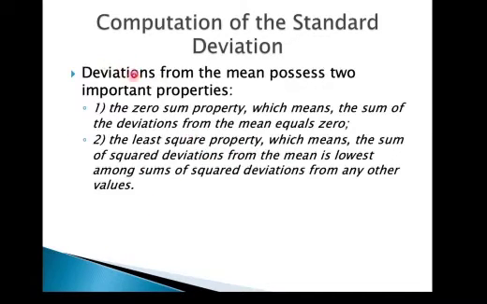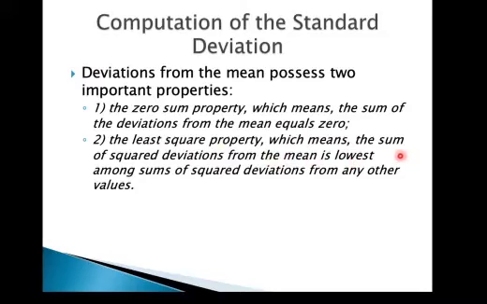We have two important properties of the deviations from the mean. The first is the zero sum property, which means that the sum of the deviations from the mean is equal to 0. The second property is what we call the least squares property, which I will explain in a little while.